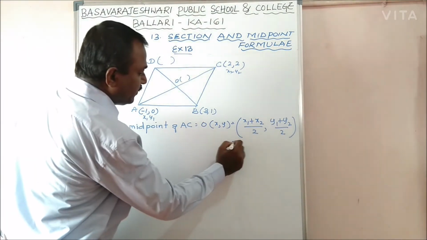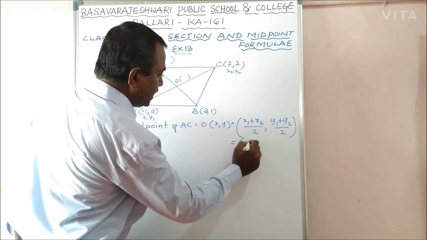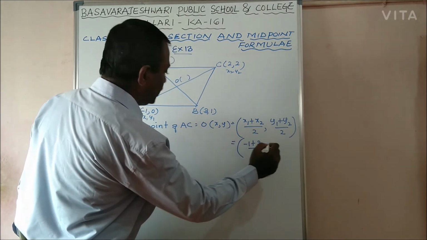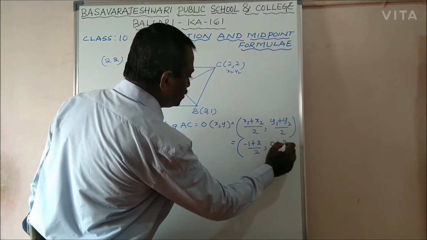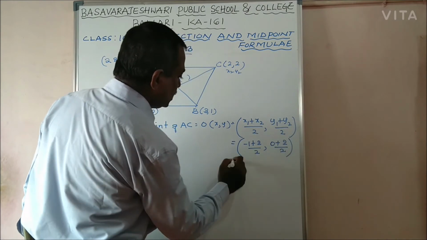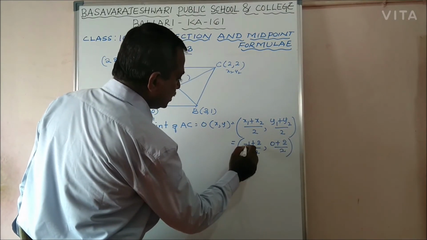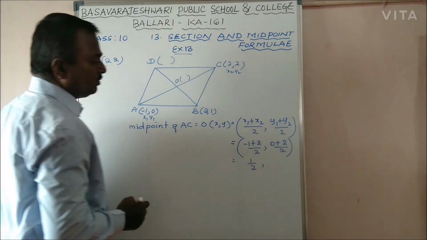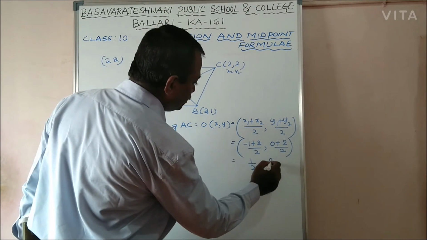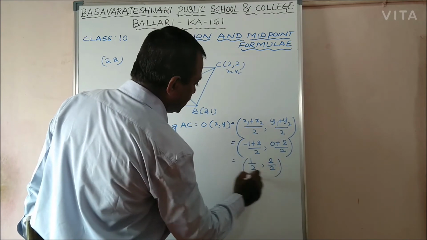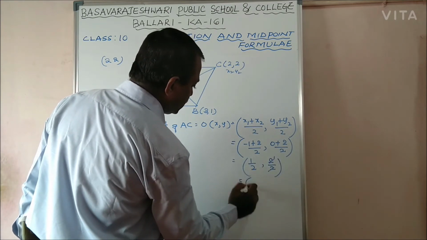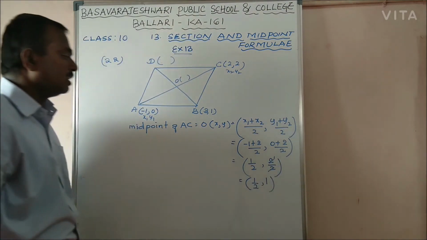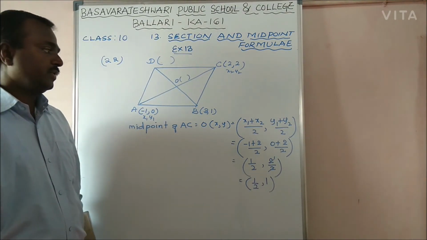Now substitute the values. x1 is -1, x2 is 2, over 2; y1 is 0 plus y2 is 2, over 2. That is 1/2 and 2/2, which is 1. So this is the midpoint of AC.